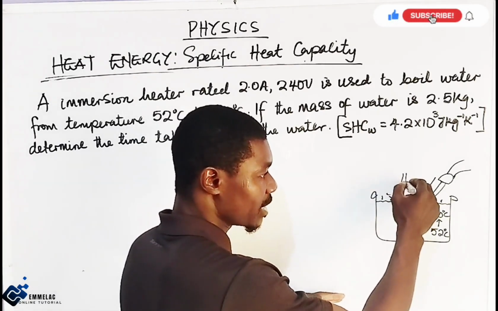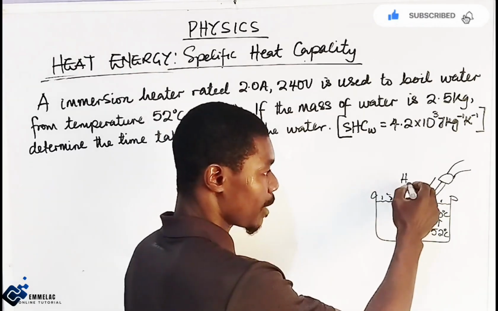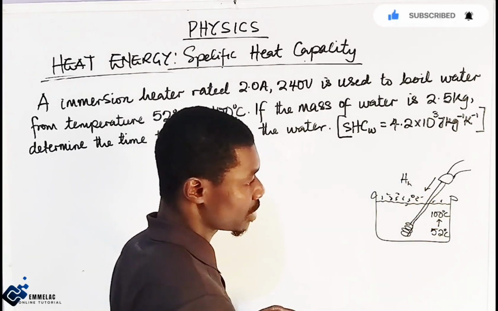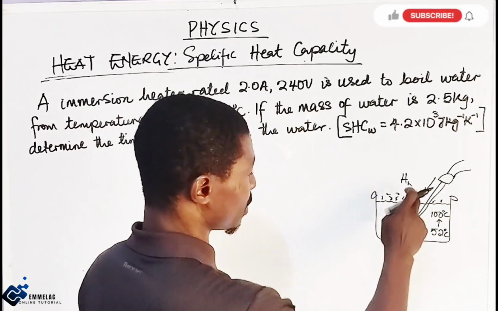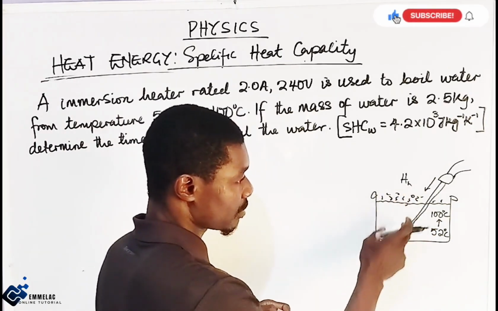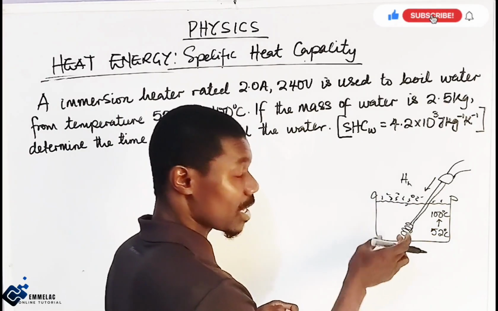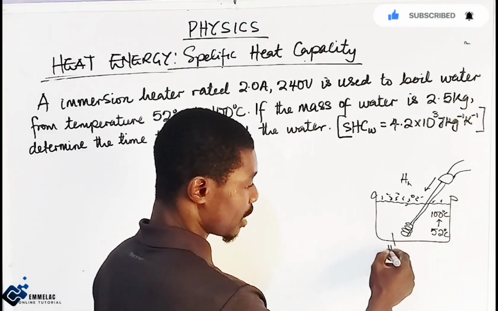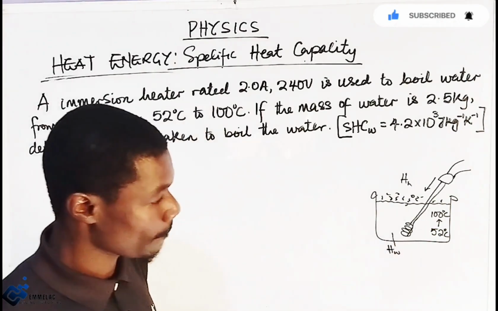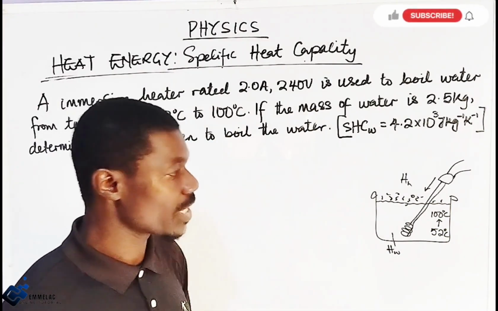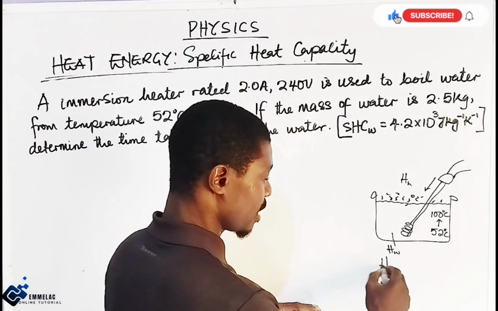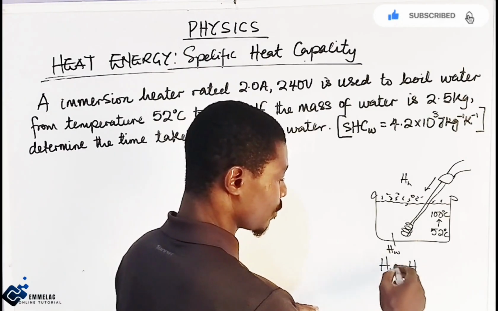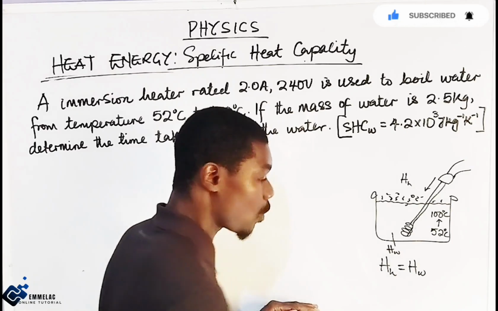So the heat supplied by the electric heater, let me just put H for heater, equals the amount of heat absorbed by the water. So we can conclude that the heat supplied by the heater equals the heat absorbed by the water.